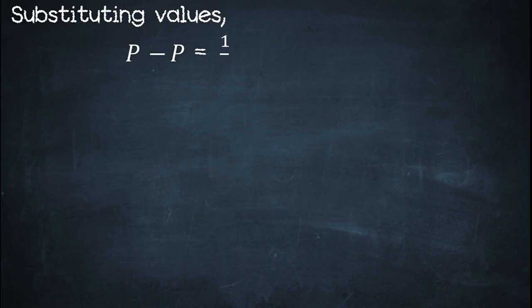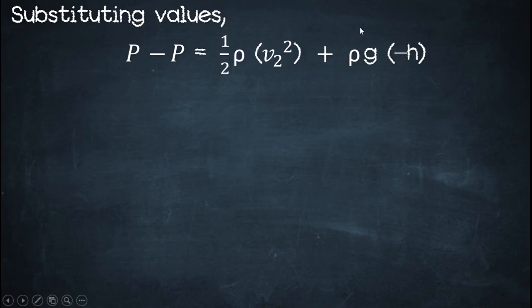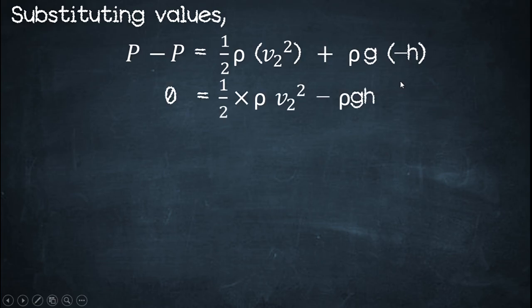Now substituting the values in the formula, P1 and P2 are both P. Similarly, V1 square is equal to 0, that's why we have not written it over here, and in place of H2 minus H1 we have minus h. P minus P is 0, and plus times minus gives minus, so we have minus in this equation. Now we will take this to the left hand side.